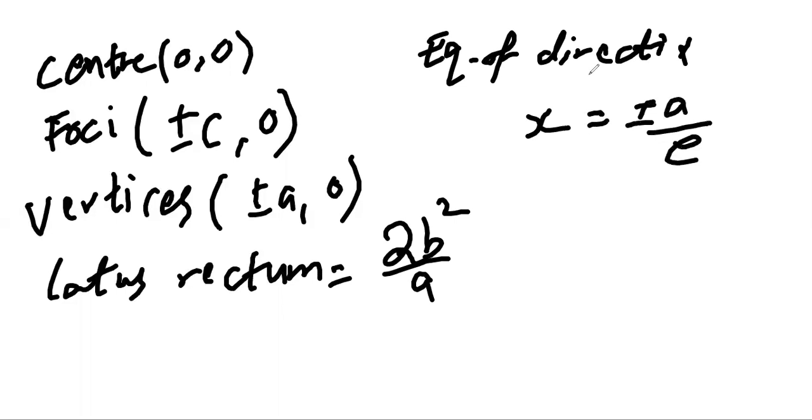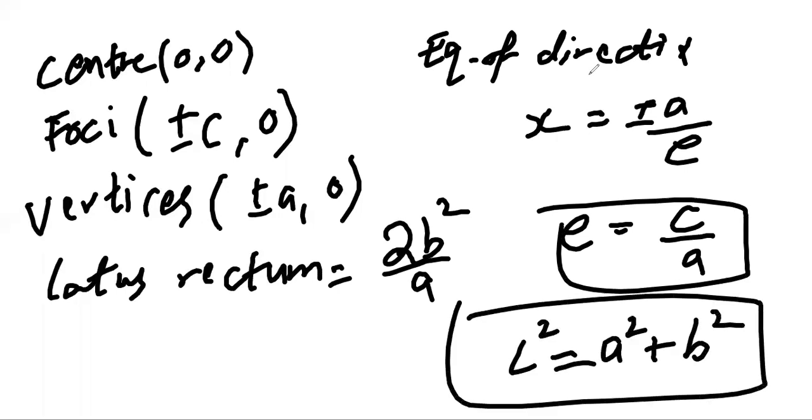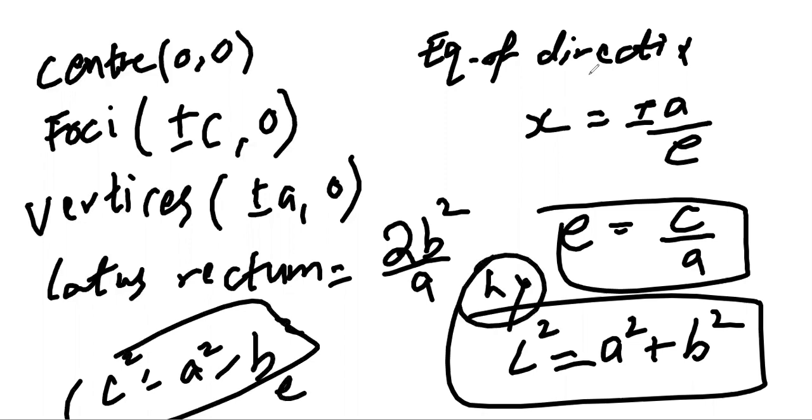When transverse axis is at x-axis, then eccentricity is the same. Relation got changed. Relation is now c square equals a square plus b square. In ellipse, relation is a square minus b square. This is for ellipse and this is for hyperbola. Okay, these all are the things for hyperbola.